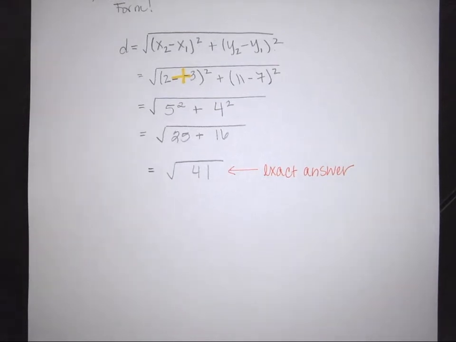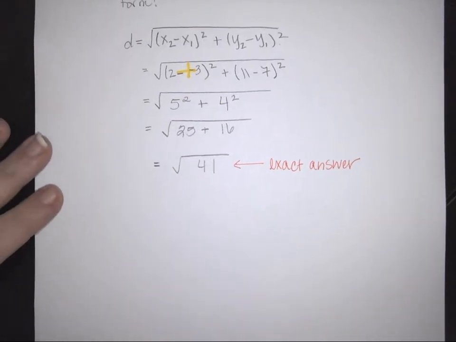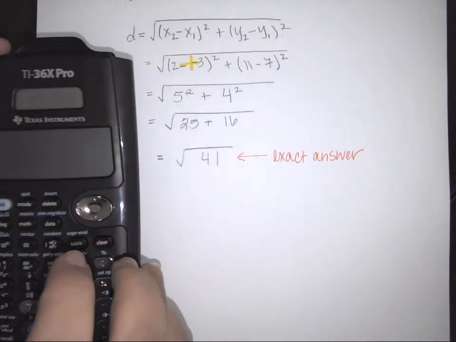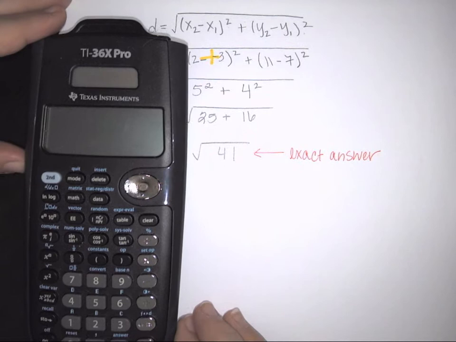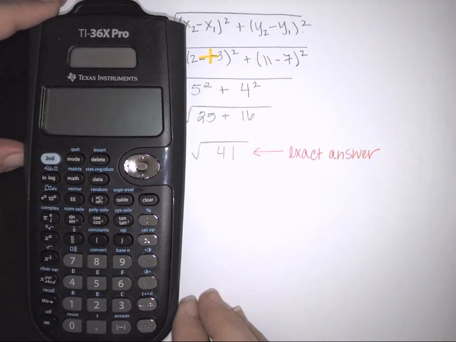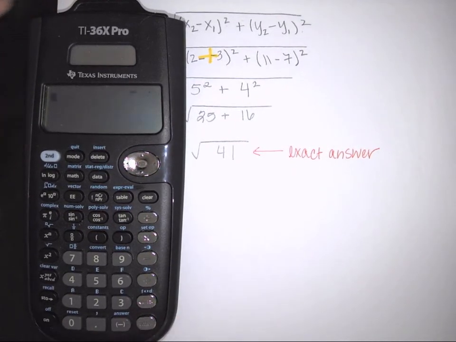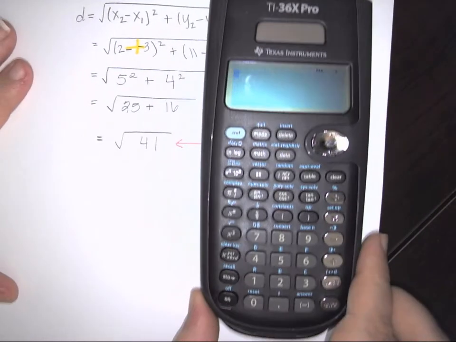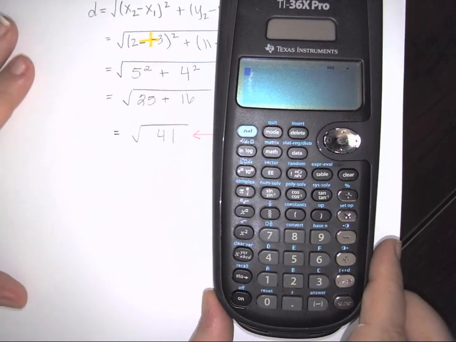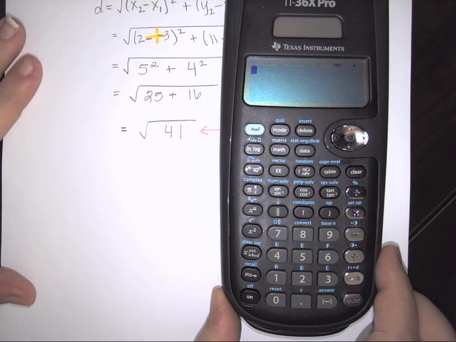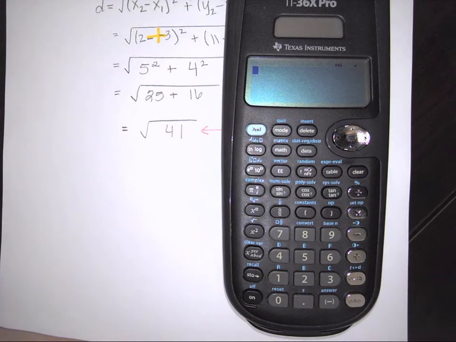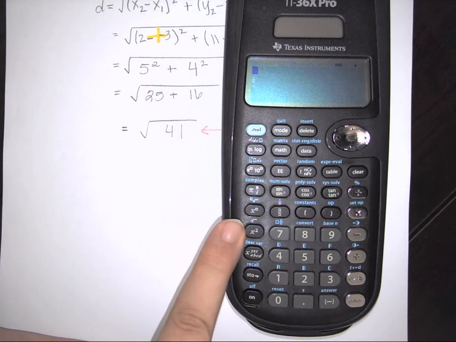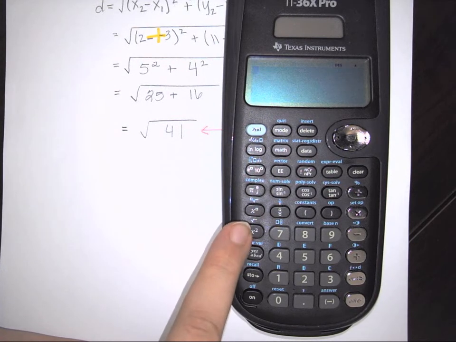Now, the way that you can find your approximate answer is to take out, say, your scientific calculator. So here I'm using the TI-36X Pro, but any scientific calculator would do. And let's see, I think you can see it a little bit better here. Essentially, when using this, you have to find where your radical button is, and notice mine is right here.